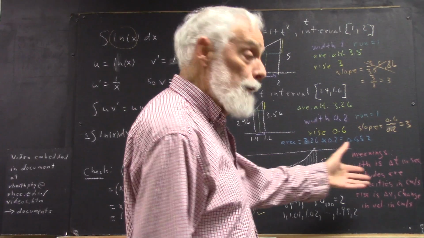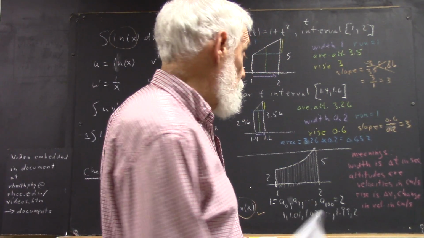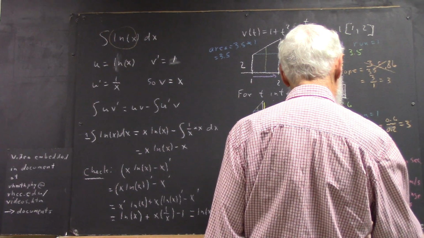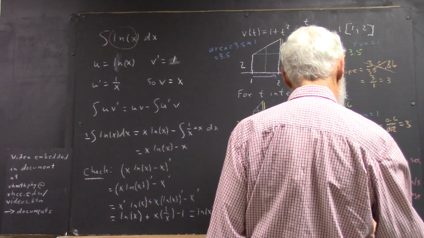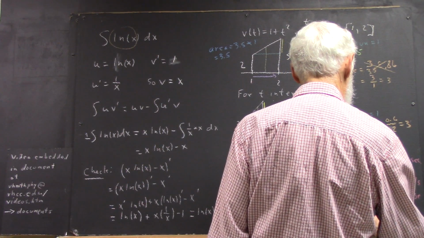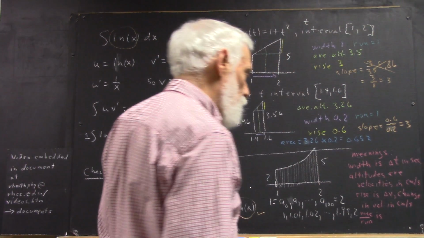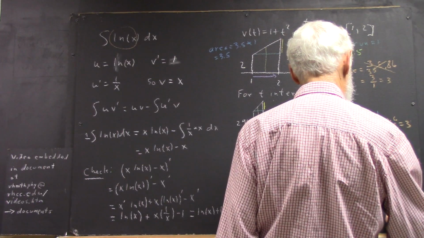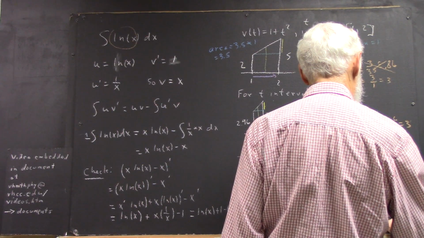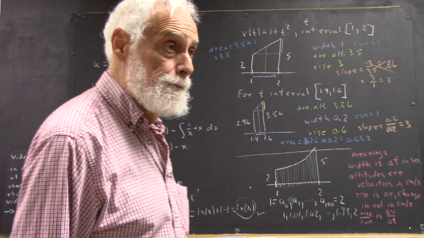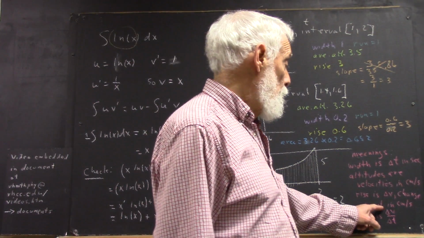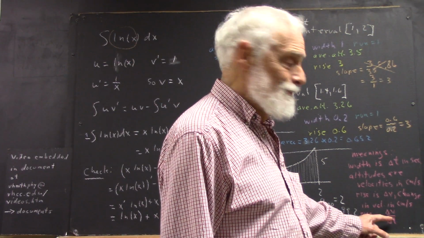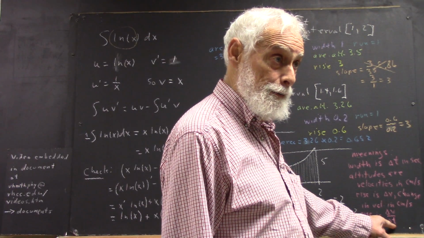Now, of course, the run is the same as the width. Rise over run is delta V over delta T. Well, a change in one quantity divided by a change in another quantity is the average rate of change of this quantity with respect to this quantity.